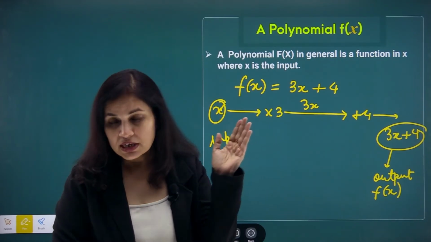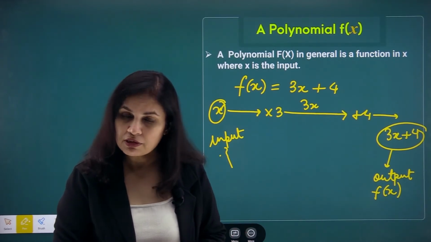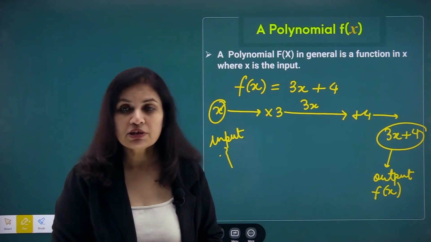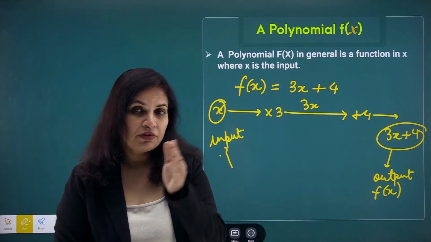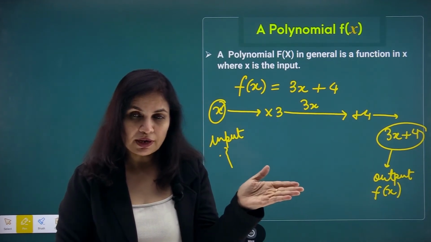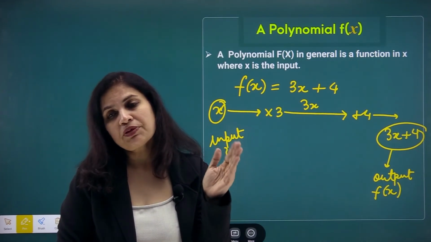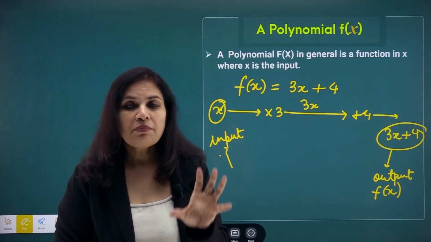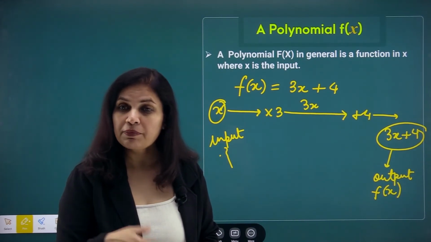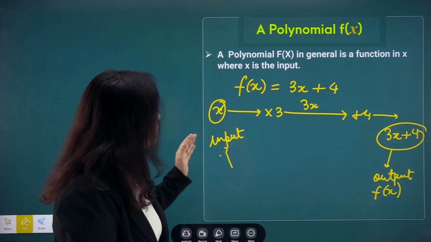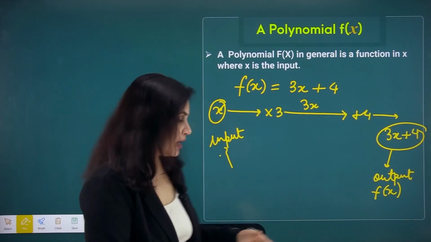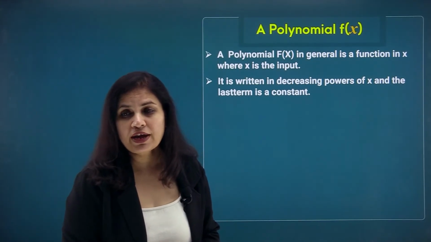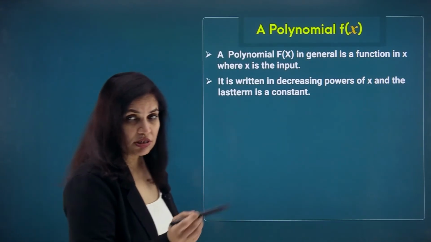Because be it a one-termed expression or two-termed or three-termed or an n-termed expression, x will behave in a certain way. x will be multiplied with something, or something will be added to x or subtracted from x. That means some mathematical operations will take place with x and we will get an algebraic expression. It is written in decreasing powers of x and the last term is a constant. Let us see how.